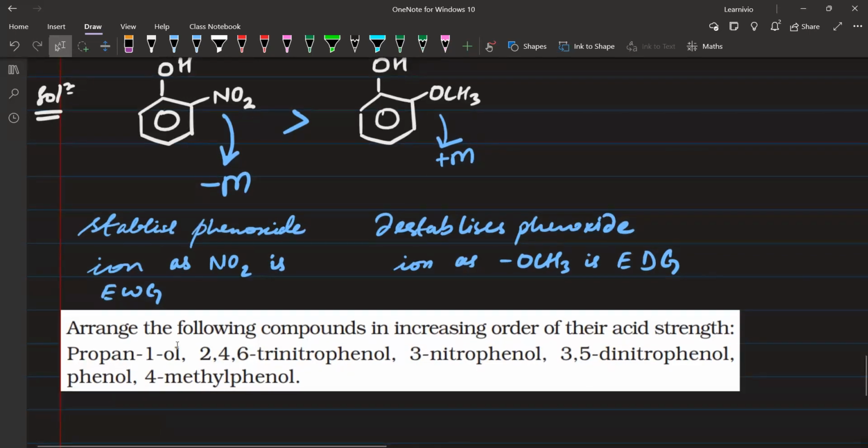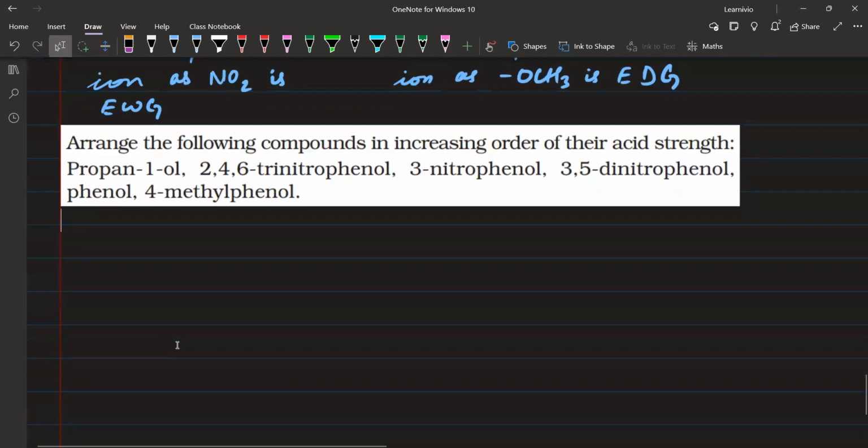First is propan-1-ol that you have drawn correctly, Harsha. Second one is 2,4,6-trinitrophenol, that is also correctly drawn. 3-nitrophenol is also correctly drawn. The next is 3,5-dinitrophenol, also correctly drawn. Phenol and 4-methylphenol. So structures are fine. We will look at the order later on.